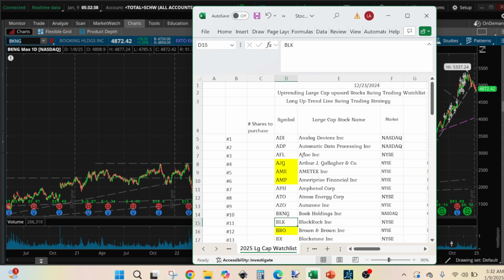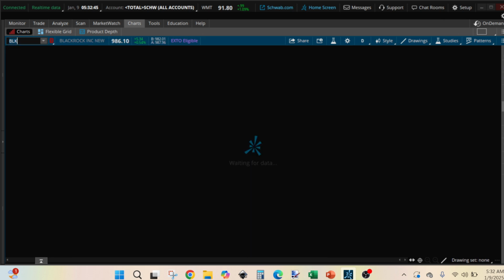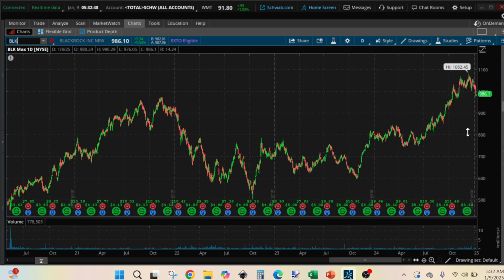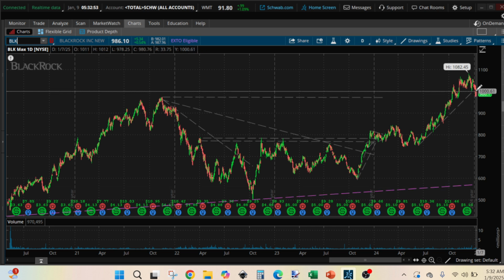The next one is BLK. We like to buy it at this trend line, and right now is far from it. This trend line ended because the price is below that line.